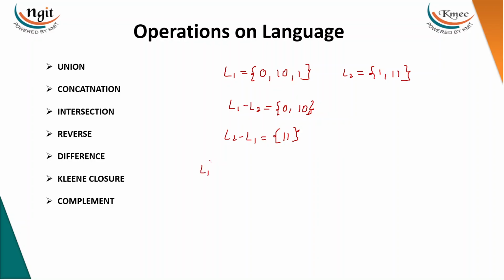Then the L1 closure. You have to take L1 power 0, L1 power 1, L1 power 2, and so on. L1 power 0 should be epsilon, the only string whose length is 0.